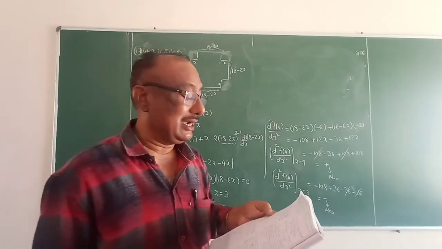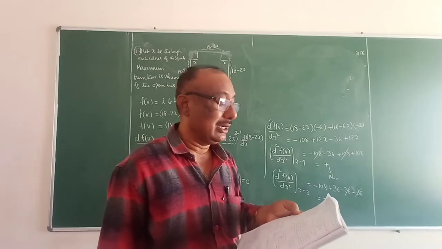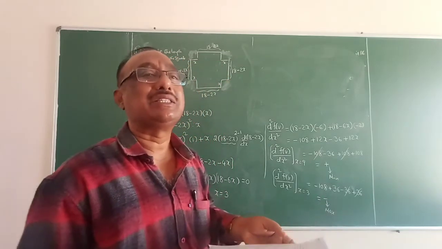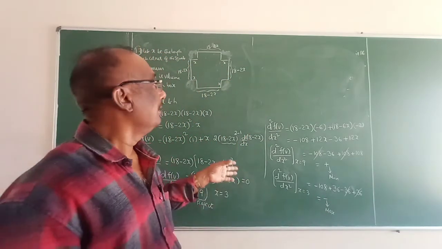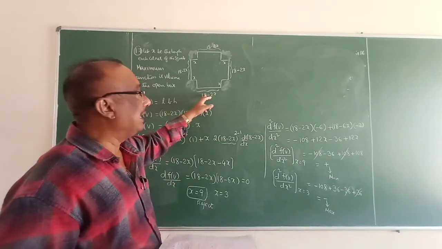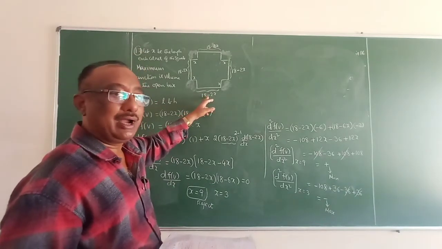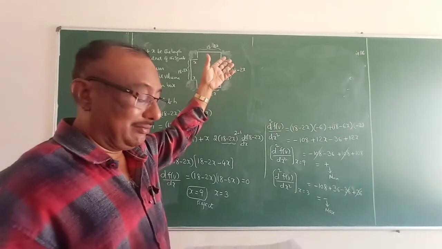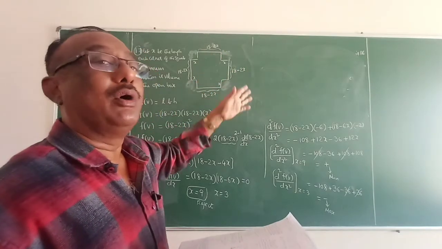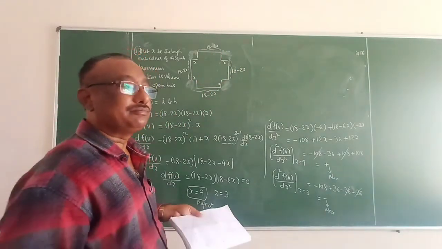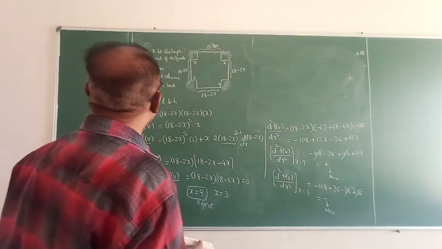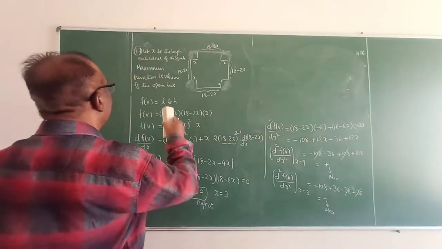What should be the side of the square to be cut off so that the volume of the box is maximum? Same problem, right everyone? We can take the 18th problem.